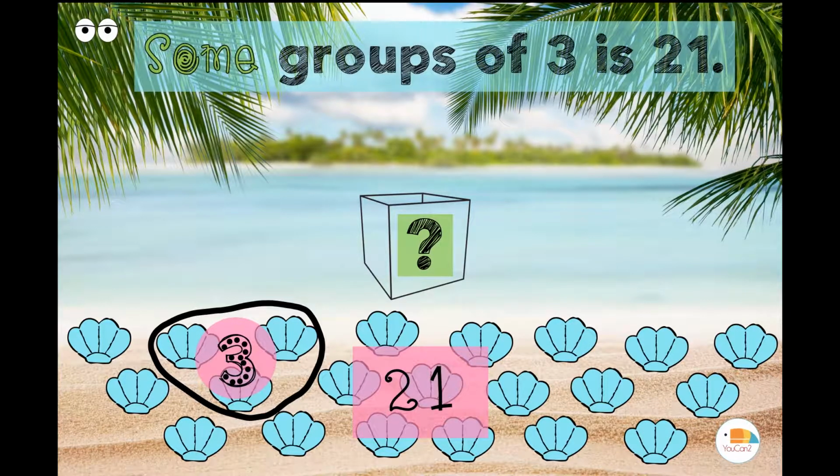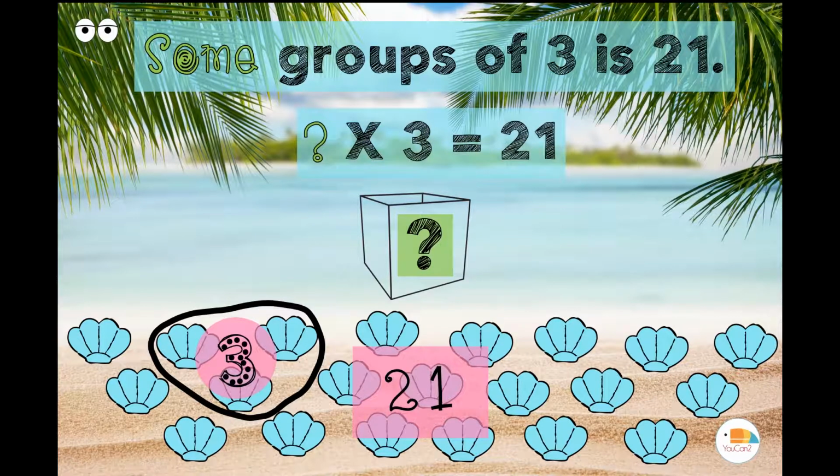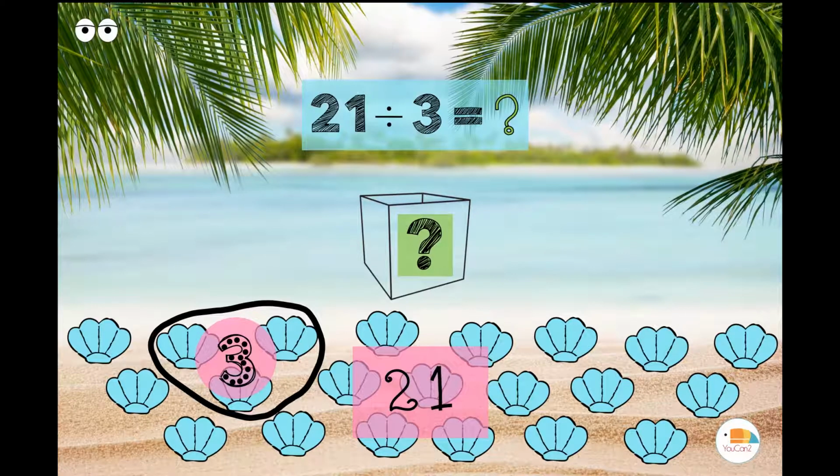Some groups of 3, we don't know how many groups, is 21. Or something times 3 equals 21. Remember, multiplication and division are related. So we can also think of it like this. 21 divided by 3 equals something.